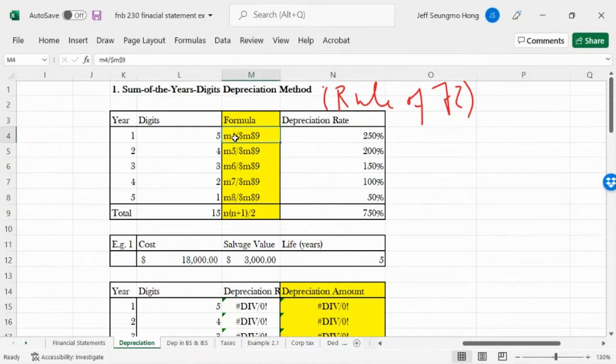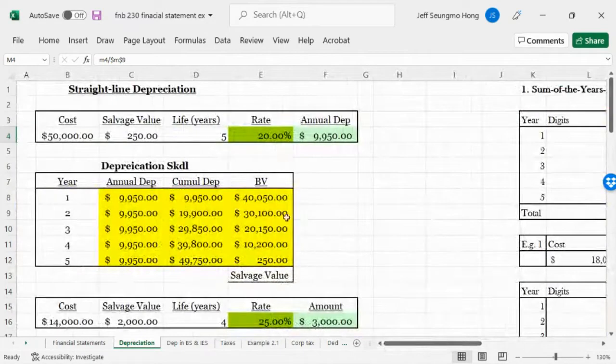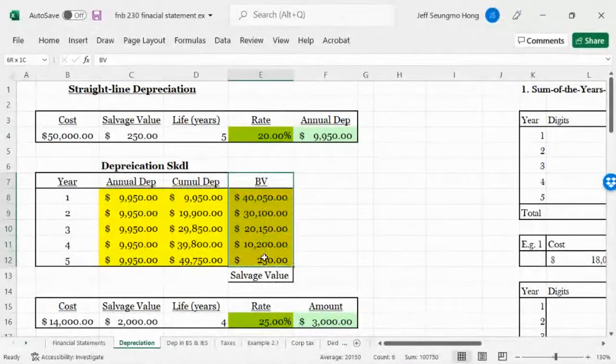Let's say we have an asset with a 5-year service life, but we don't depreciate at an even rate. In straight line depreciation, we do it at an even rate. And the book value is in a straight line, right?